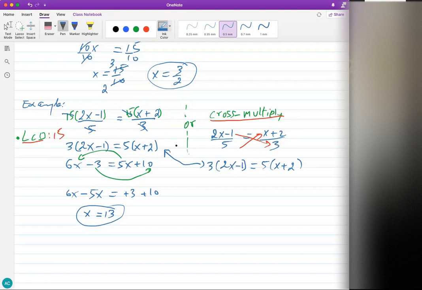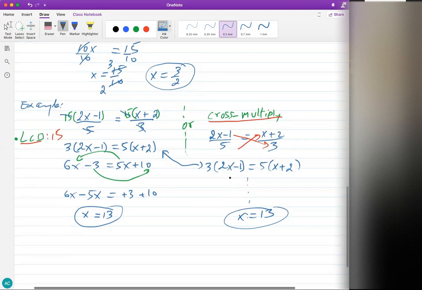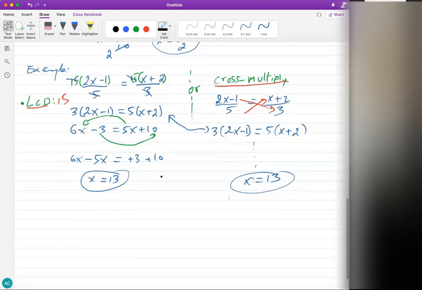We got here in two slightly different ways. So again, x will be 13. This step, we repeat the same process. The answer will be the same. So that's how you solve that if you have 2 fractions. We probably want to go with cross multiplication, maybe, but if you feel comfortable with this, that's also fine.